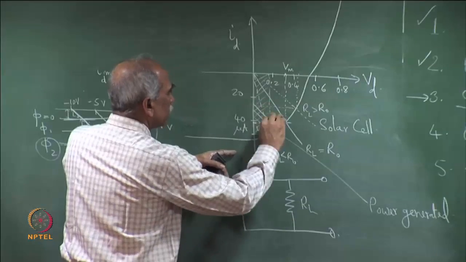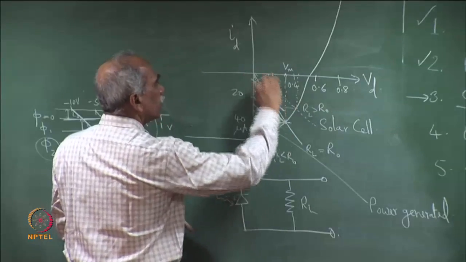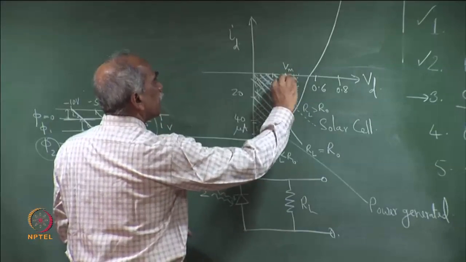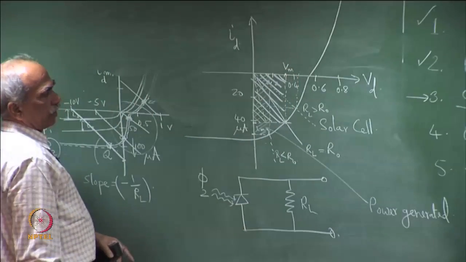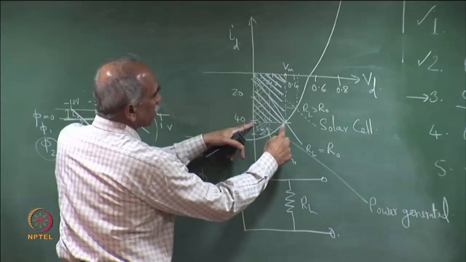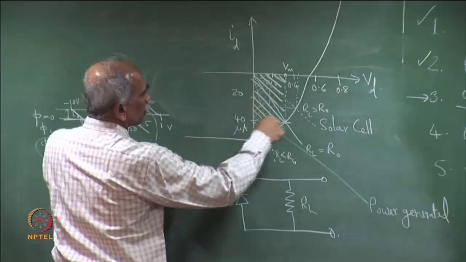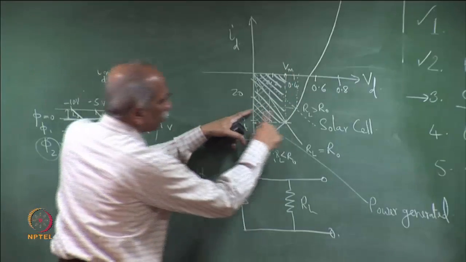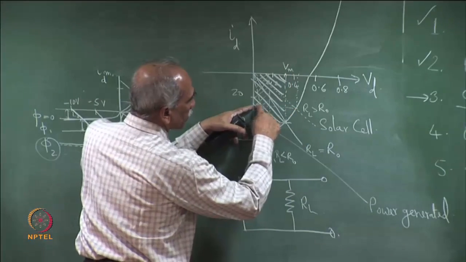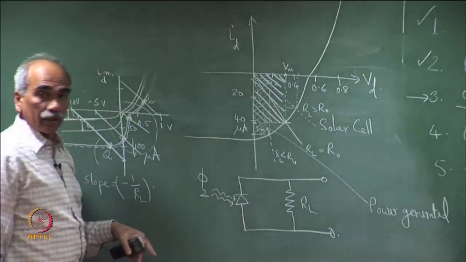So, let me do a reverse shading to show that the area is different here. So, the power generated will be this current multiplied by this. And if I use the other load resistance, I will have an area which is different.